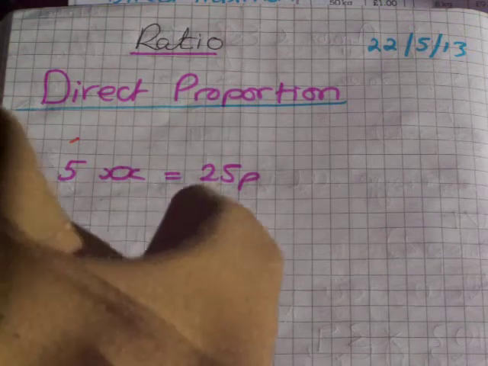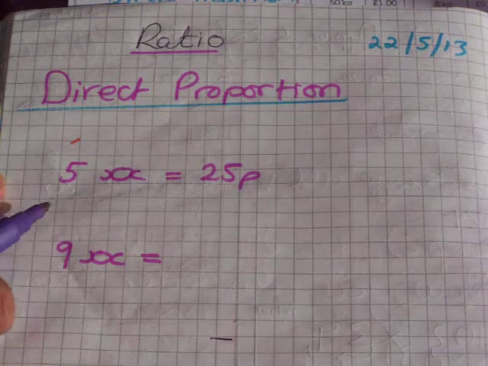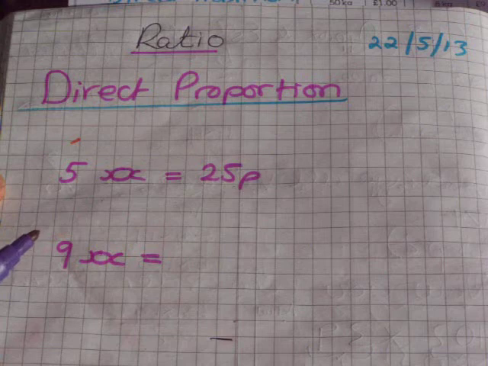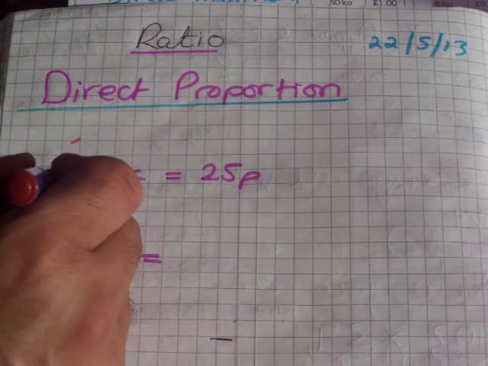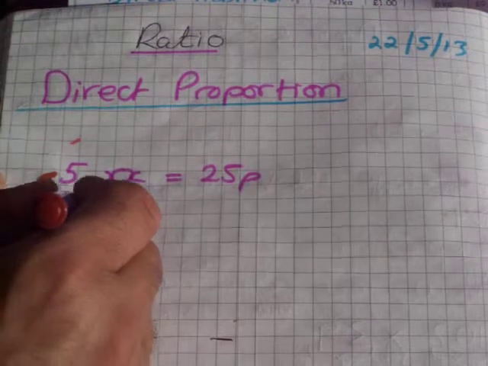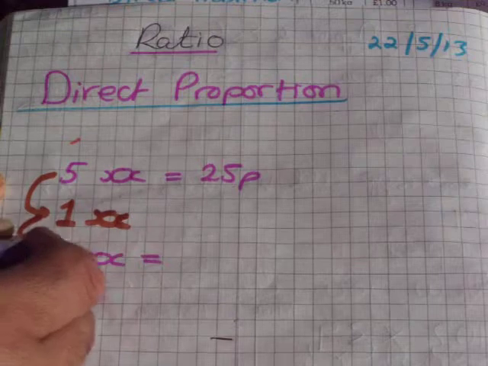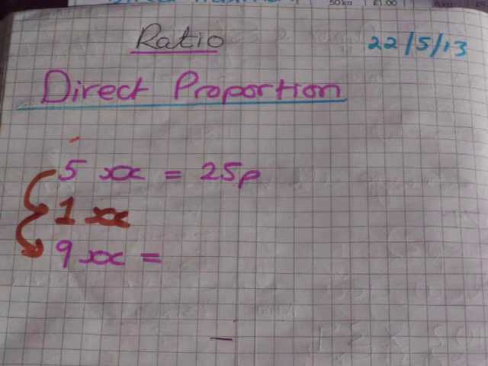In this kind of question, we have to find a way to get from 5 to 9. Now, can you go from 5 to 9 directly? No. So, because 5 can't go directly to 9, we've got to work out the cost of 1 sweet first. And then from 1 we can quite easily go to 9.